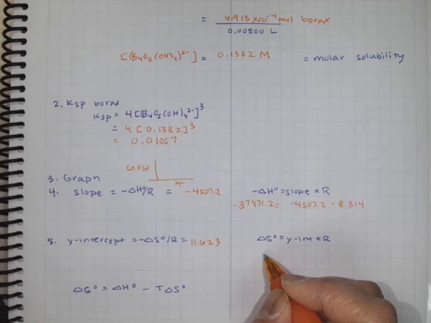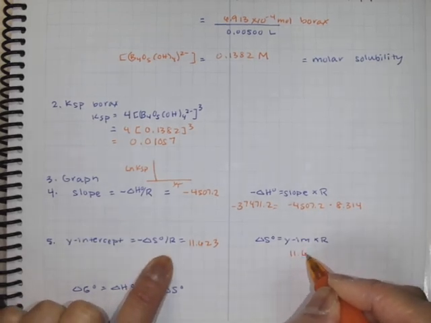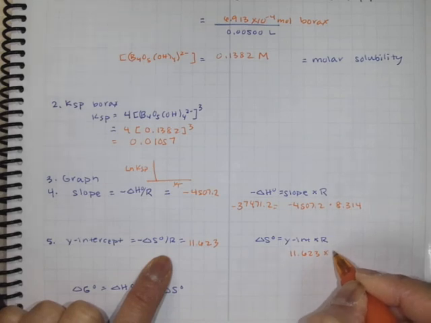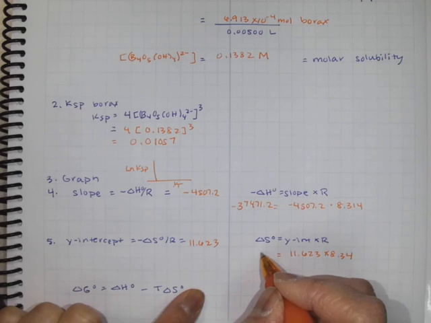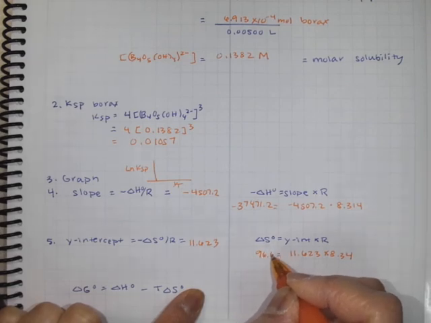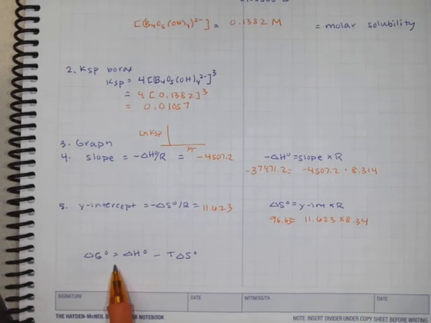And then for delta S equals R times your y-intercept, 11.623 times 8.314 equals S, which should be 96.63. And then you can use these two values and plug them in for delta G.